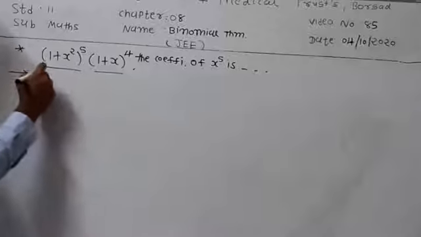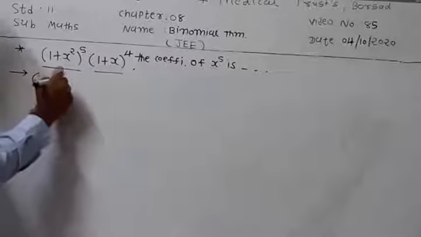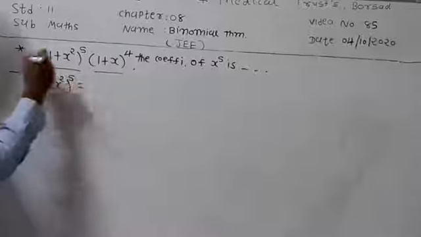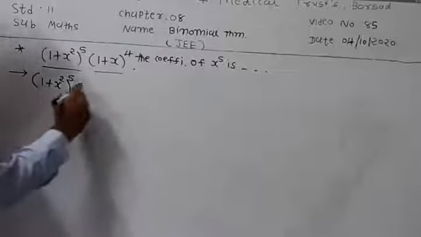So first of all expand the term (1 plus x square) raised to 5, using the binomial expansion form.